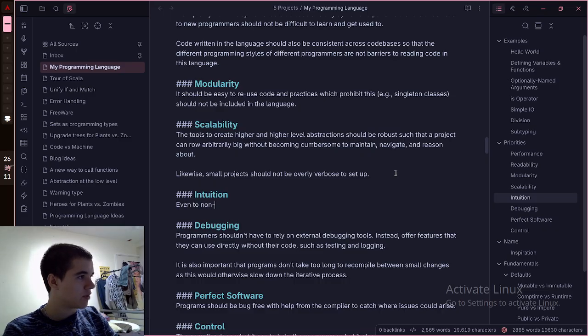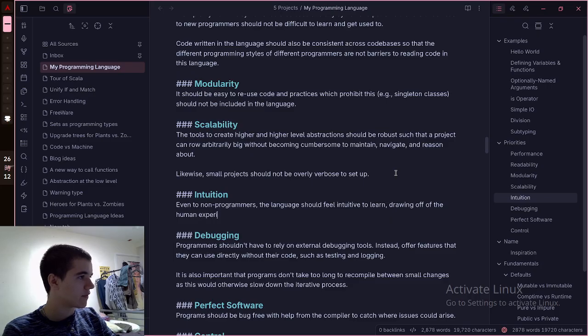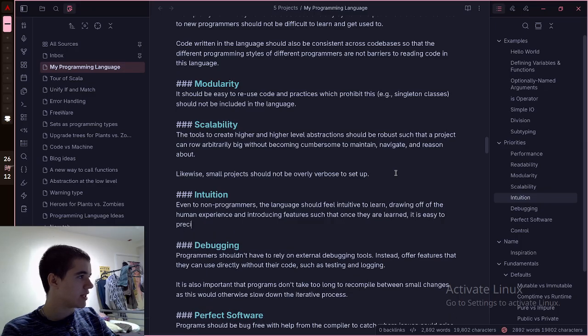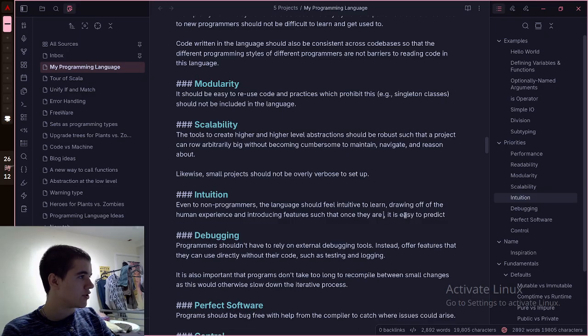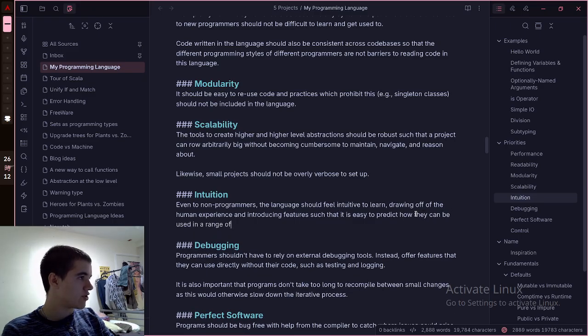Even to non-programmers, the language should feel intuitive to learn, drawing off of the human experience, and introducing features such that once they are introduced, it is easy to predict how they can be used in a range of contexts.